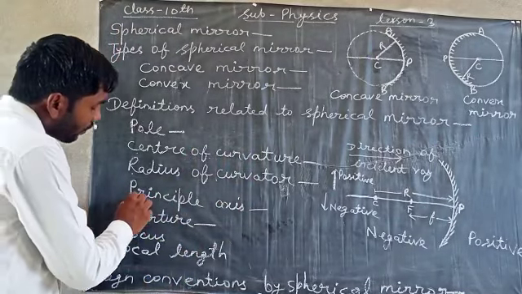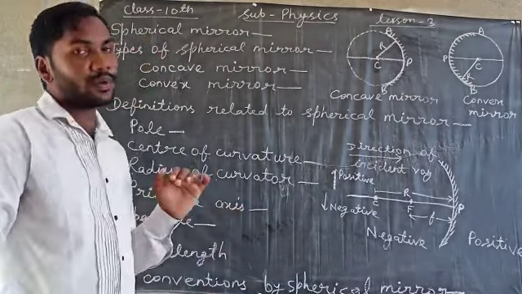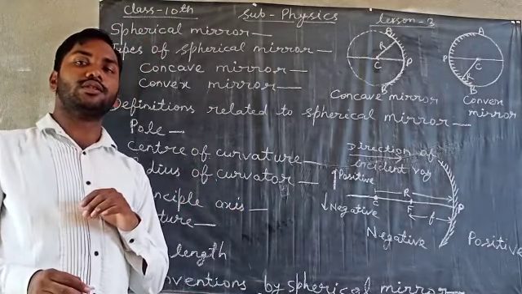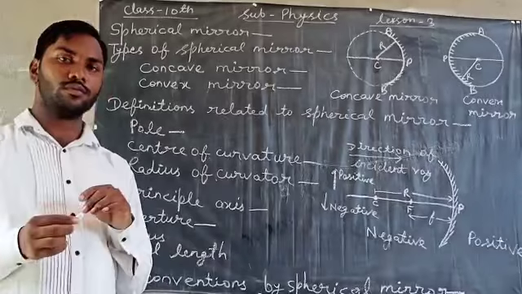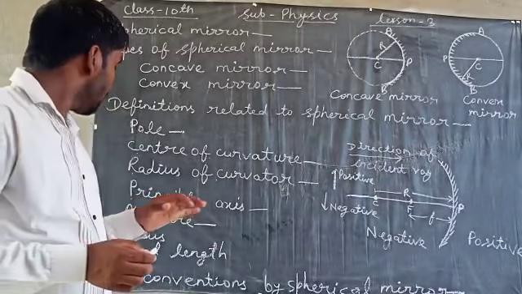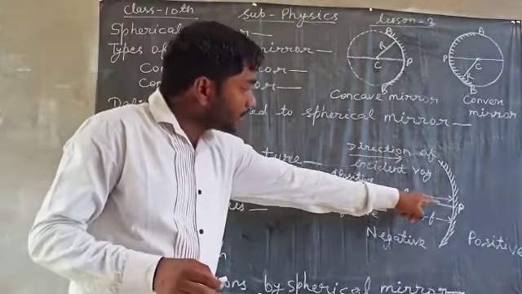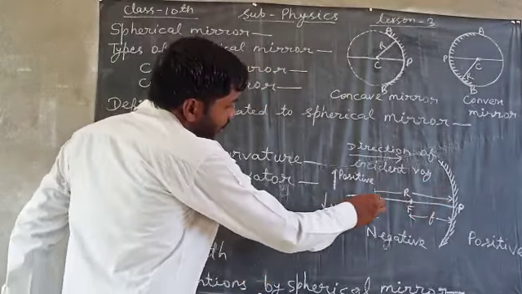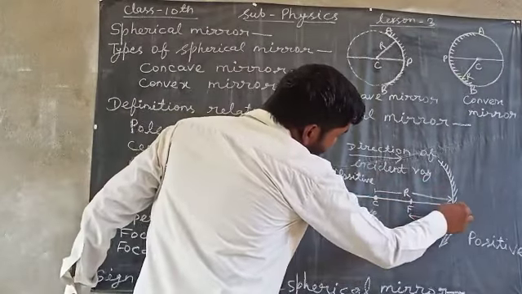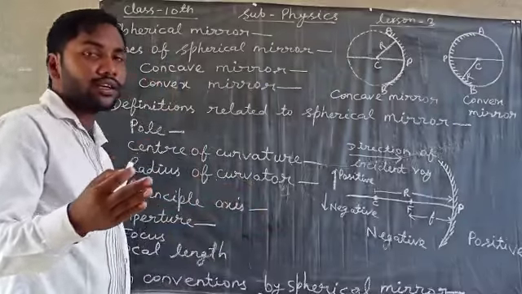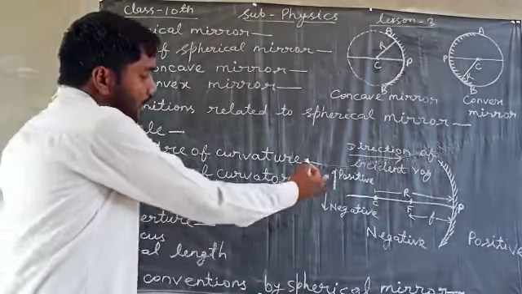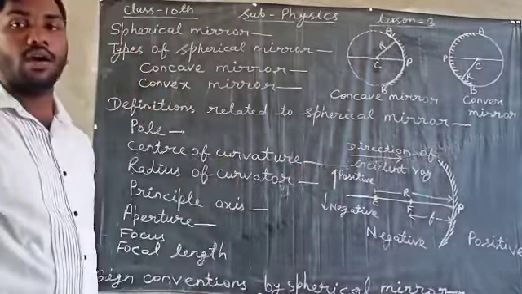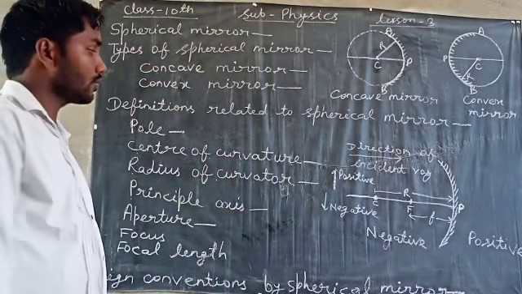After that, we will discuss the principal axis. What is the principal axis? The straight line joining the pole and the center of curvature is called the principal axis.